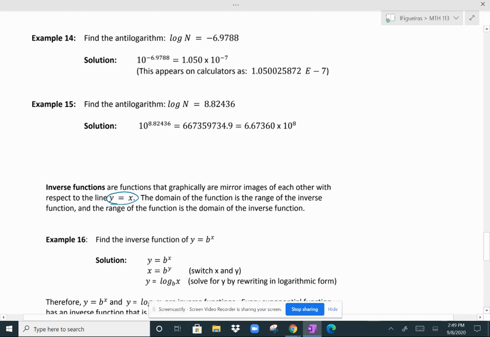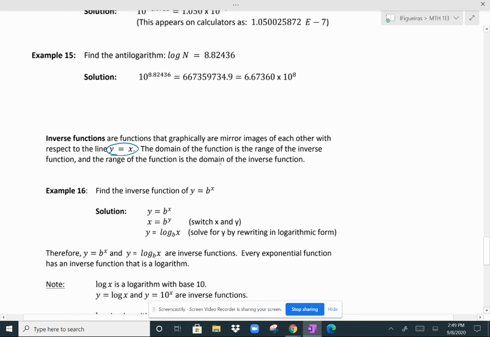So in order to find the inverse function, and I'm just going to remind you of things we learned in the past, if I want to find the inverse of this, remember the first thing you do is switch the x's and y's. And then I need to solve for y. Well, in order to solve for y, I have to use the definition that we talked about at the beginning.